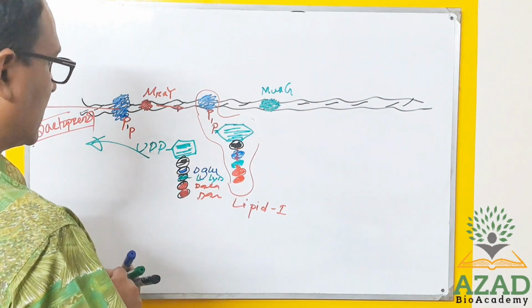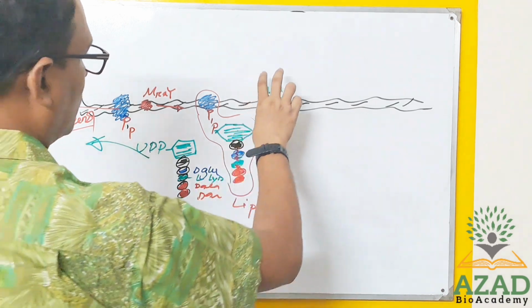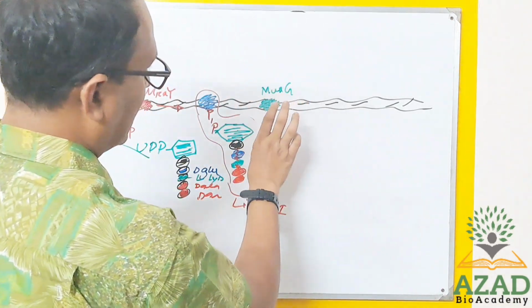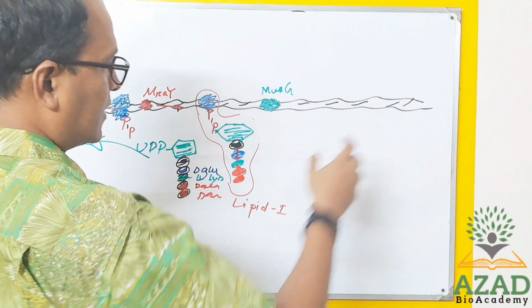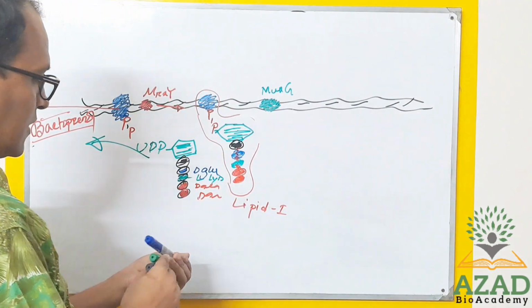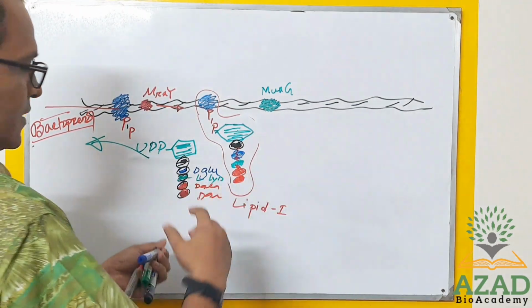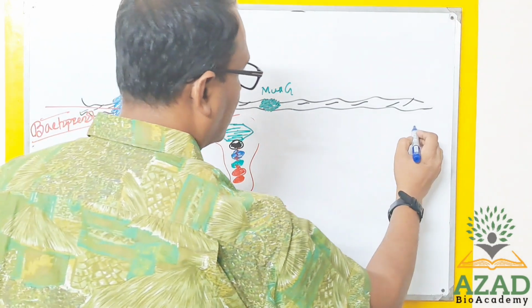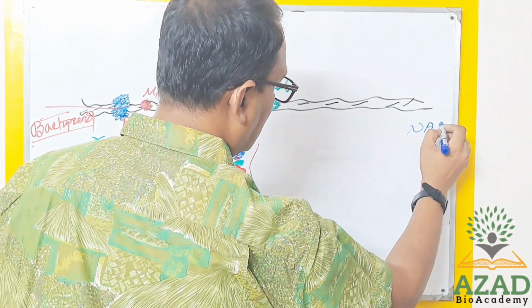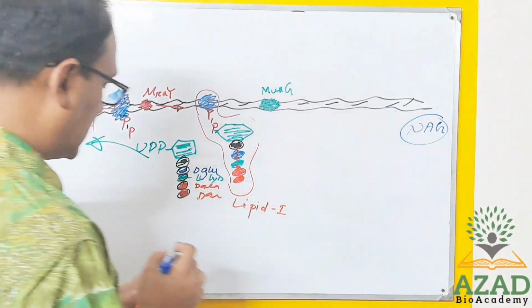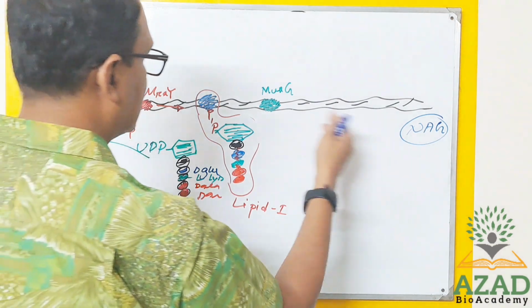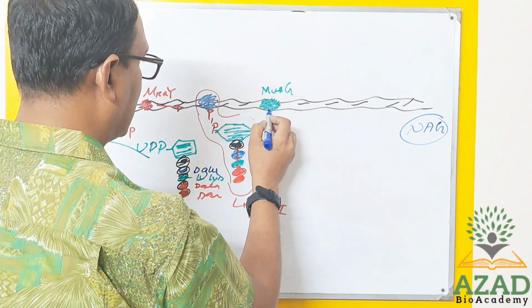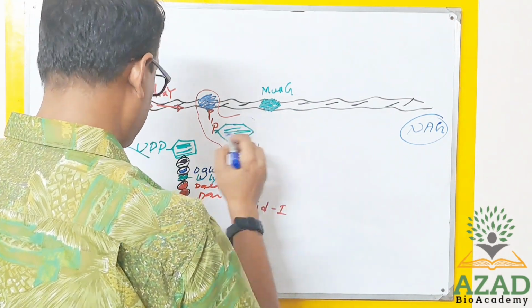The function of that enzyme is to add another sugar. If you recall, that was N-acetylglucosamine. That N-acetylglucosamine will add here by the help of that enzyme.